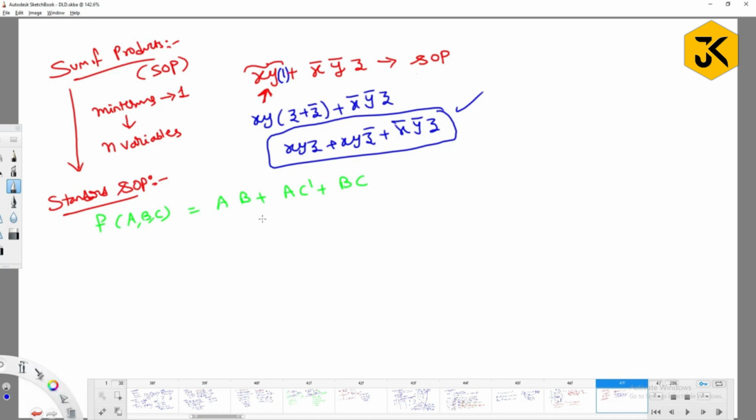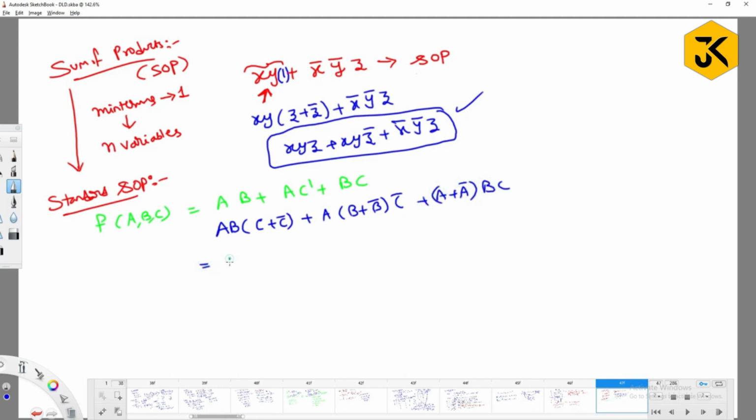No. So you have to convert it. Then what you can do? You can take each term and multiply by the missing variable: ab times c plus c bar, ac bar times b plus b bar, and bc times a plus a bar.